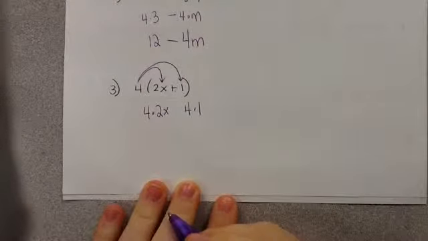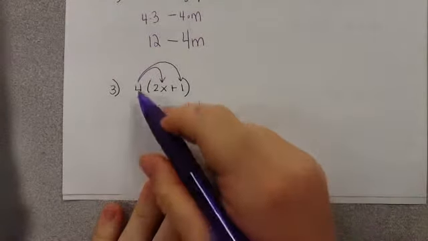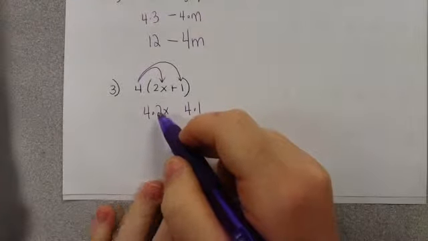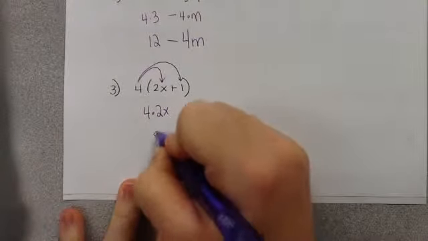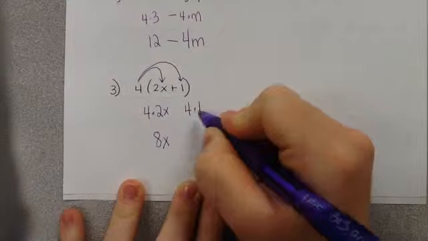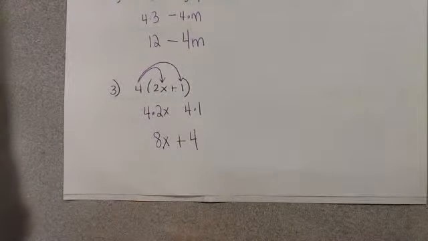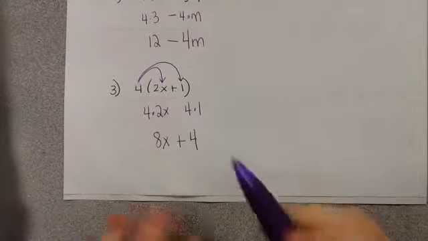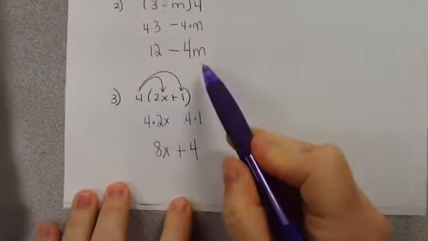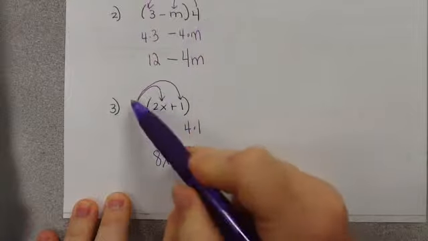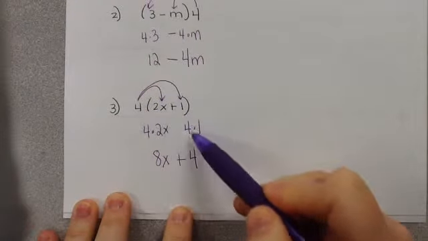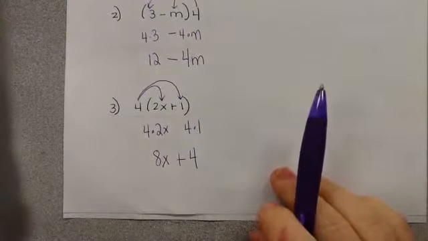Distribute to both pieces inside. 4 times 2, what is 4 times 2? 8x. 4 times 1, positive 4. Multiply what's out front or what's out back by both pieces inside and simplify.